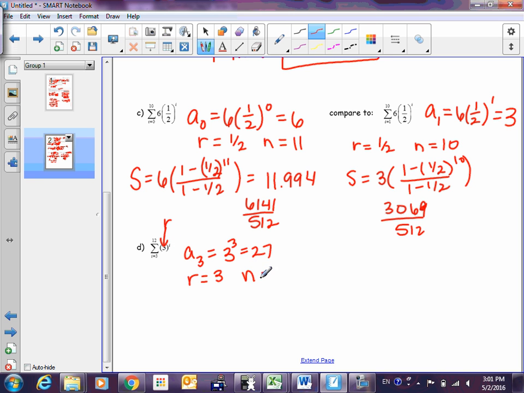And the number of terms is to subtract these two and add 1. So 12 minus 3 is 9, plus 1 is 10, or you can count on your fingers. So my first term, 1 minus r. Go ahead and type this in and check with the answer up here when you get it.